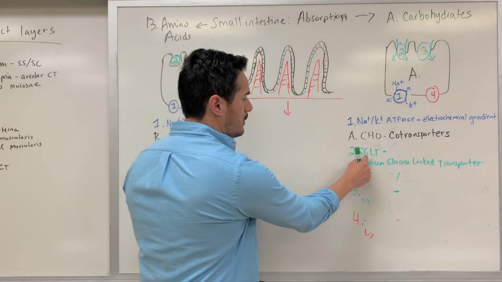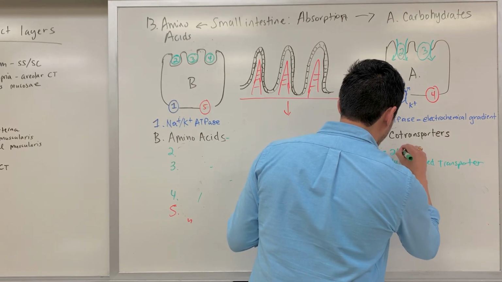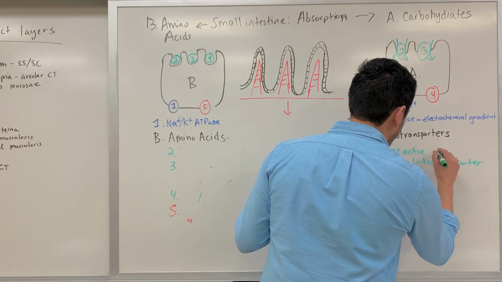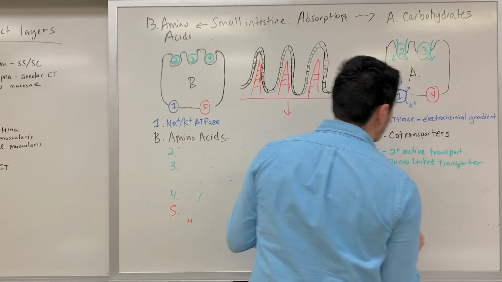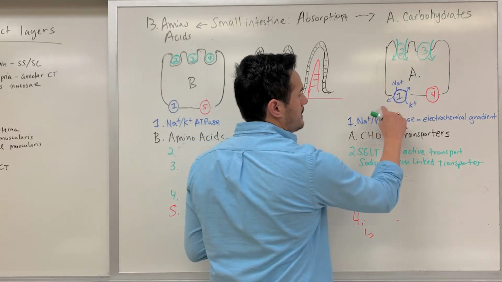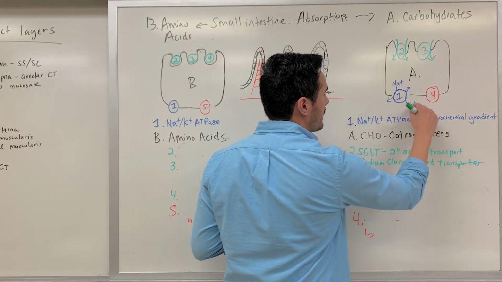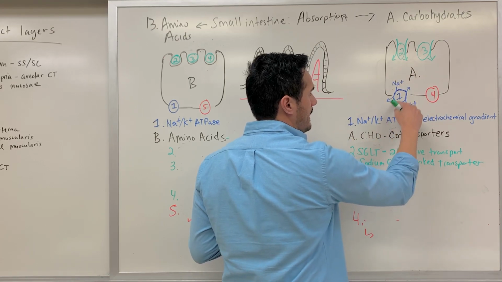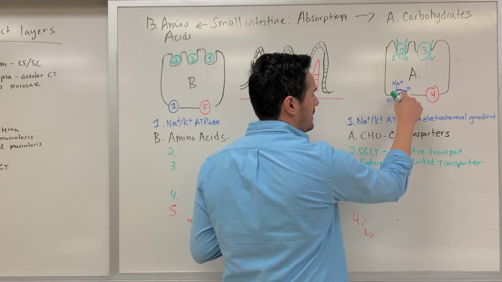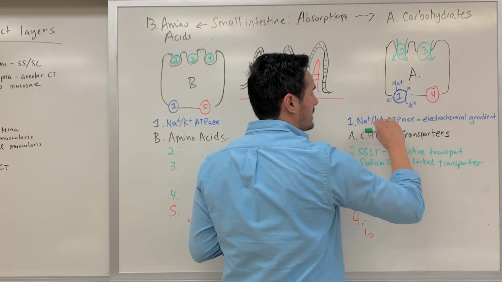And the mechanism that it utilizes is what's known as secondary active transport. Because there's typically a higher concentration of sodium outside of the cell, we have to pump it against its concentration gradient. And in order to do that, we need ATP. So by pumping the sodium out, this creates the electrochemical gradient, right?